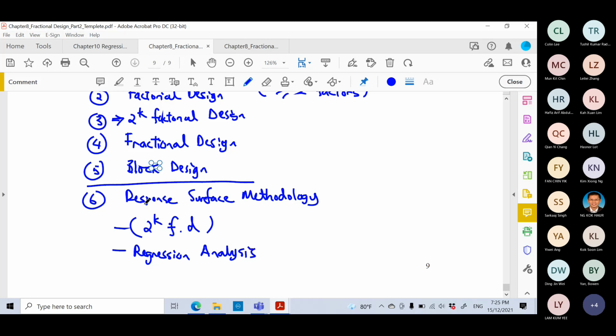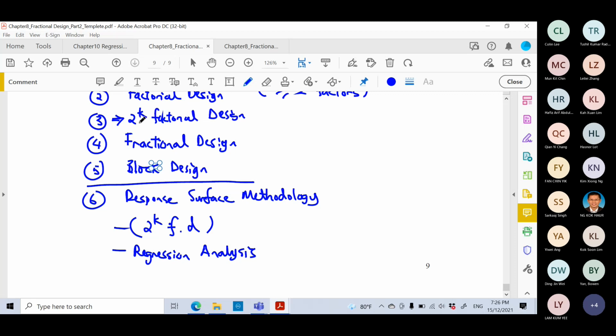We want to formulate the regression model, so we need to know how regression analysis gets it, so that you can formulate the equation. After you know the idea, we do not necessarily need to use the equation. We can relate the 2 power k factorial design with their effects.